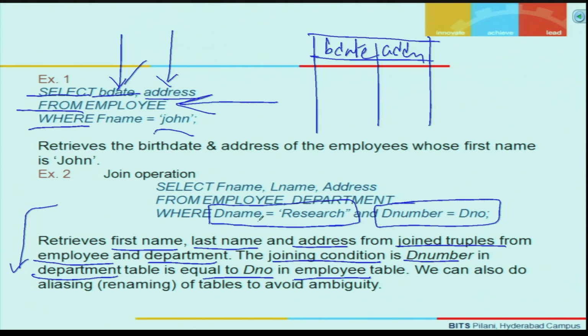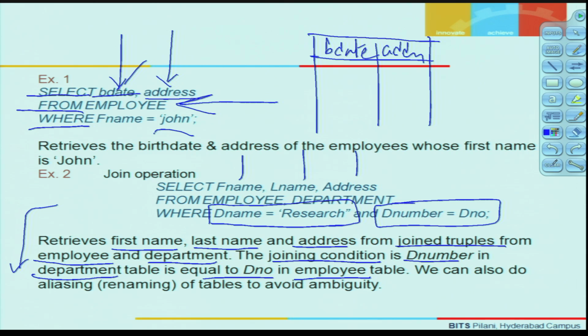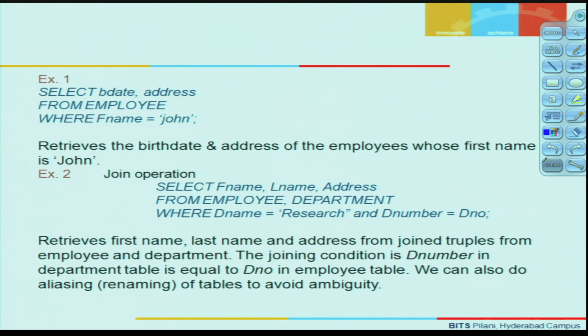Once the tuples which qualify for the result are identified, then you select only F name, L name and address in the result. This is how we can specify the join condition, or perform the join operation, by specifying a condition in the where clause. Hence select F name, L name and address from which tables?